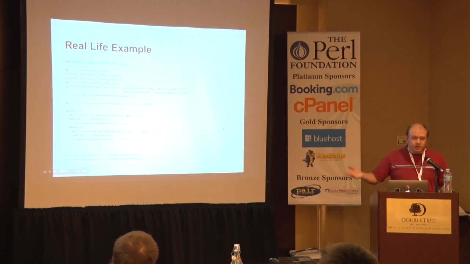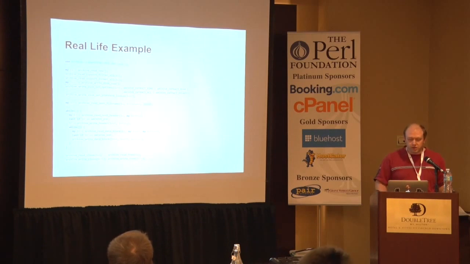So this is actually a pretty close translation from an example code that they provide in C into Perl using my library. And what's kind of interesting about this is that I also wrote an XS version that provides the exact same interface. So it was kind of an exercise to compare and contrast the two techniques.